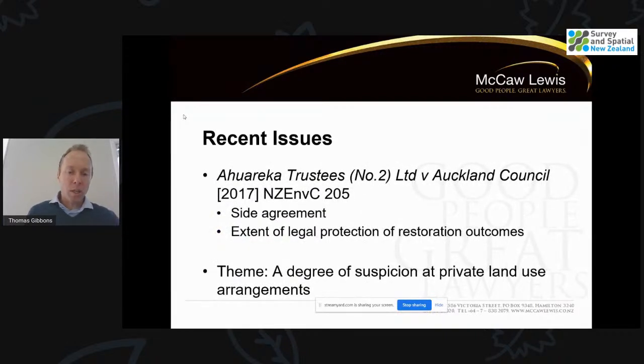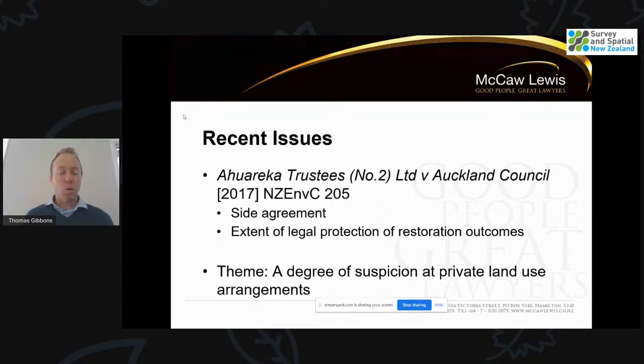And Ahuarika Trustees is a case about a side agreement, essentially a developer saying they would put money into environmental restoration through an iwi group. And the court in that case was very, very suspicious around the side agreement and how it would be given effect.